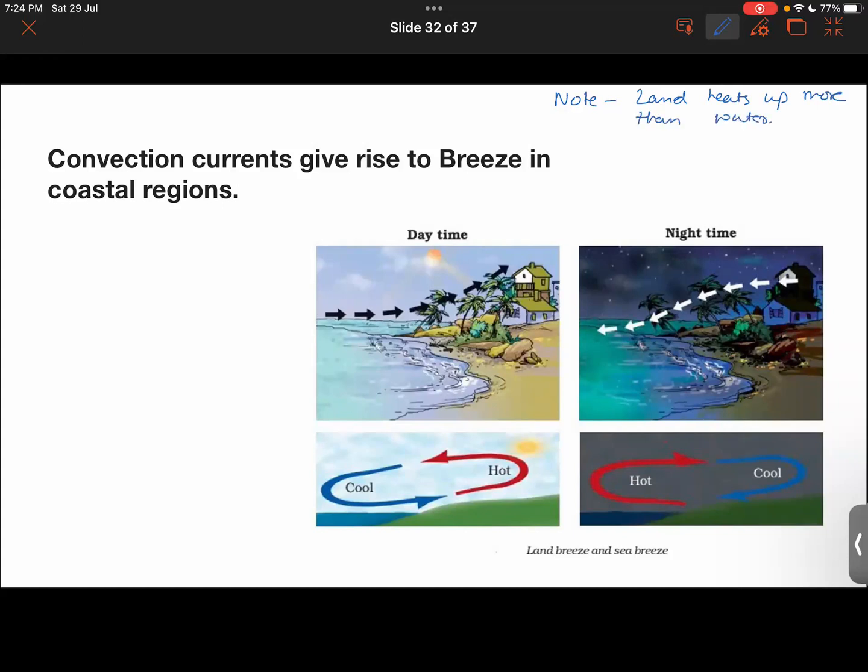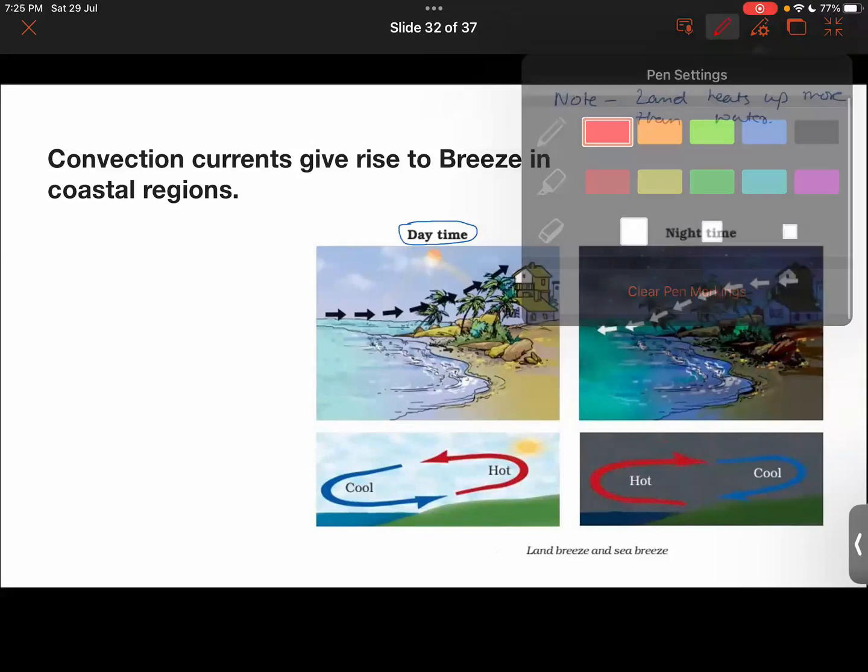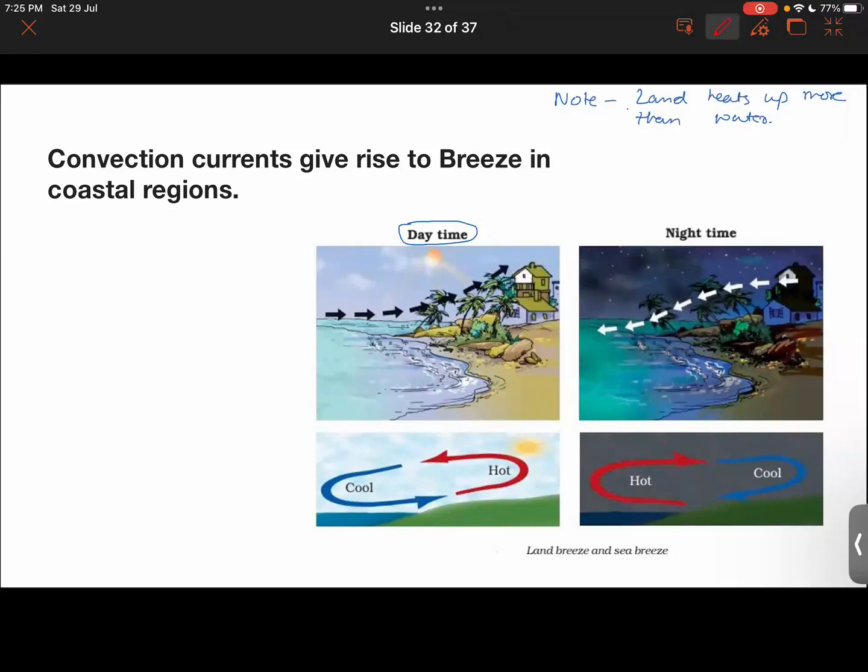Now let's talk about what happens during the daytime. Why is there a flow of wind from the seaside to the land side? The reason lies in this statement that land heats up more than water. So let's see the molecules above the land, they are going to be heated more. Let's say this is your land and this is your water region or sea over here.